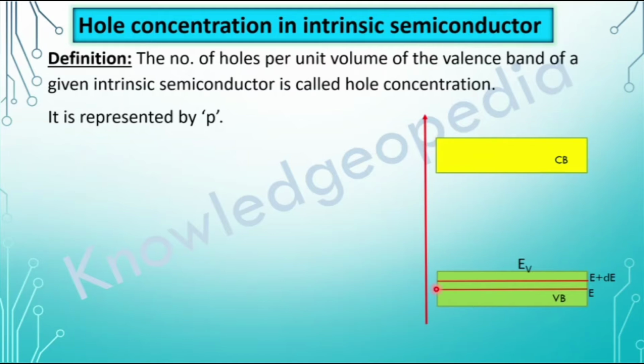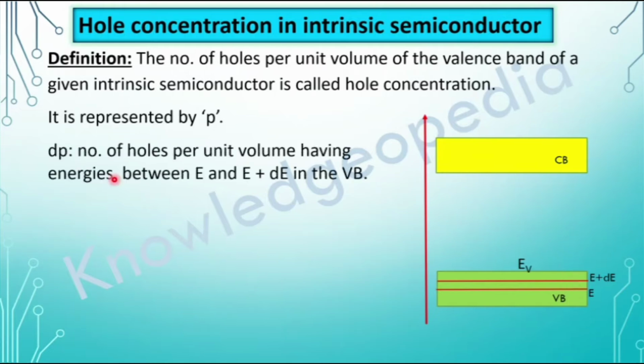We will consider two energy states, one at energy E and the second at energy E plus dE. There is a small gap between these two energy states, and the difference is dE. The number of holes available between these two energy states is represented by dP.